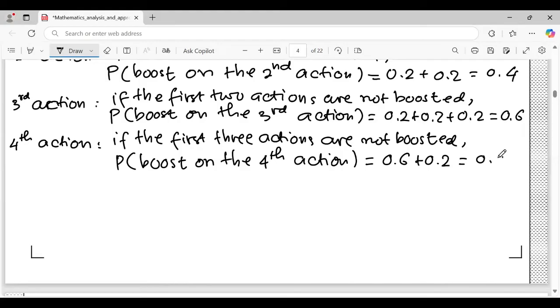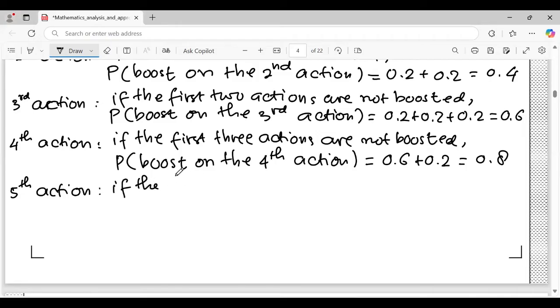It is 0.8, or 0.2 plus 0.2 plus 0.2 plus 0.2, 4 times.